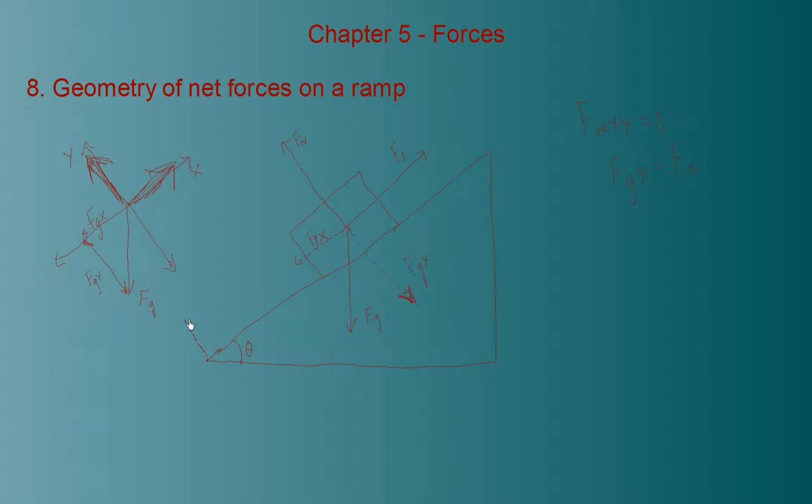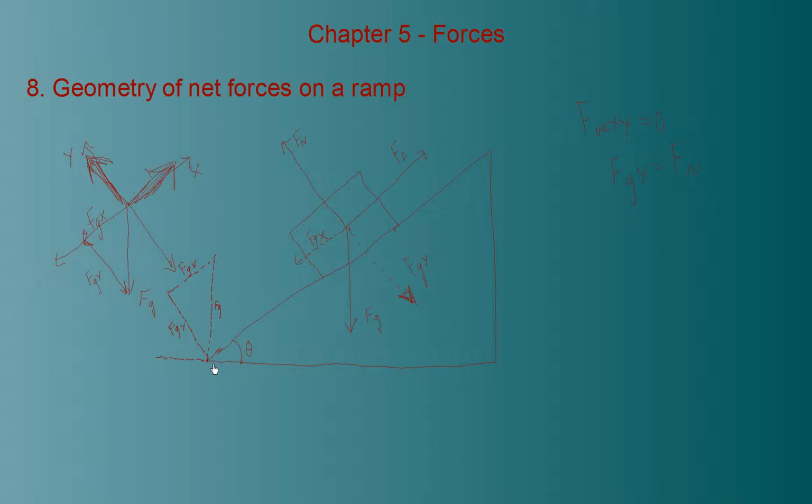Well, I like to draw a line here. I like to extend this out. And I like to draw lines straight up. And then I'll just make a triangle like that. So as you can see, this line to me represents Fg. This line represents Fgx, and this represents Fgy.